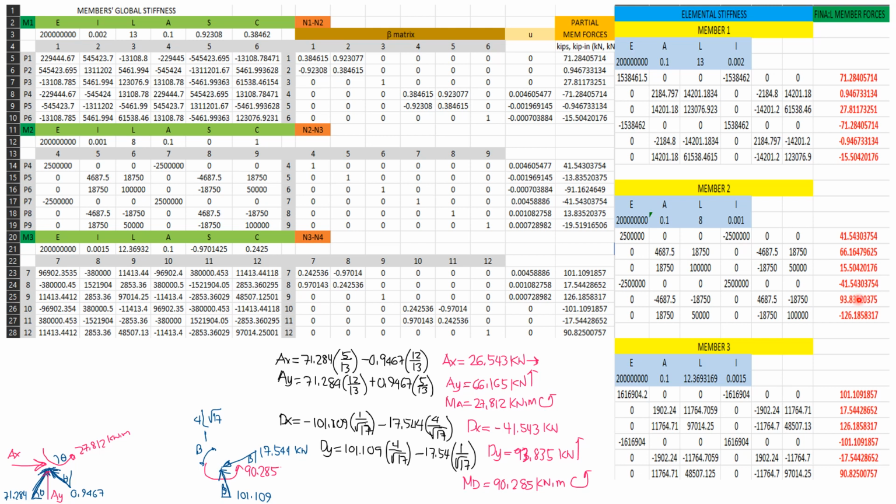reactions at the supports. So I doubt that you really solved your take-home problem, because the matrix calculator will not automatically determine the reactions except for moments, because that's final. Horizontal and vertical reactions, especially for sloping members.